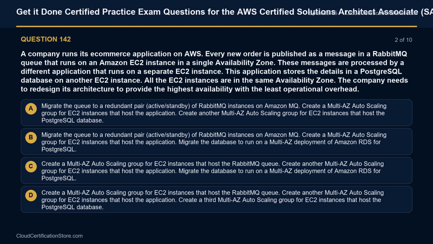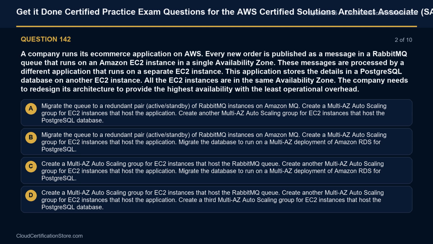Option C. Create a multi-AZ Auto Scaling group for EC2 instances that host the RabbitMQ queue. Create another multi-AZ Auto Scaling group for EC2 instances that host the application. Migrate the database to run on a multi-AZ deployment of Amazon RDS for PostgreSQL.